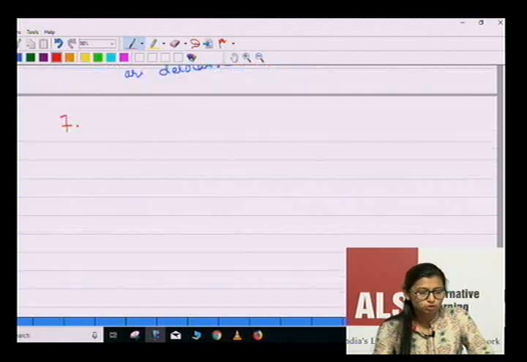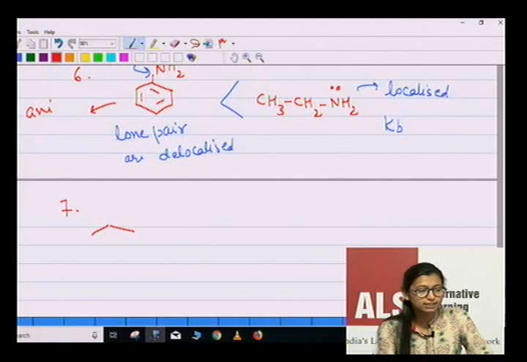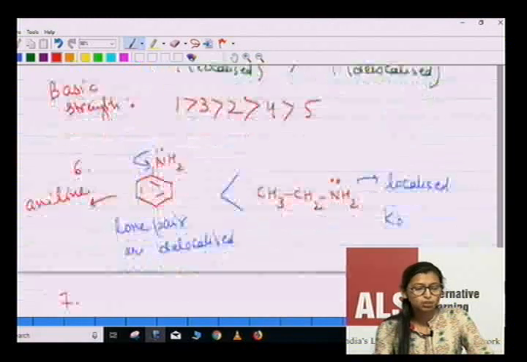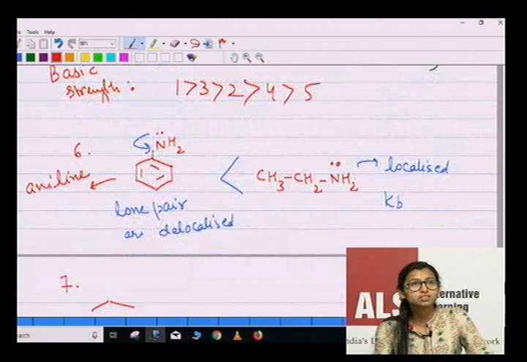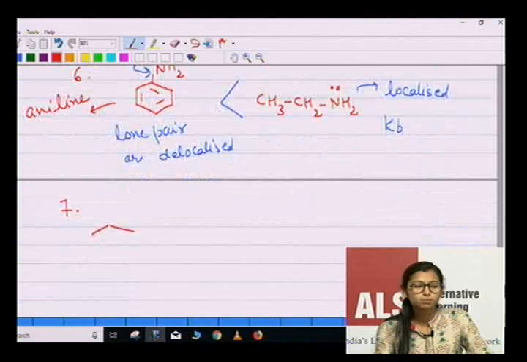Let's write one more order. And what is the name of this compound? This was aniline, okay? Aniline. The common names are very, very important. I hope you already know that. So if you compare aniline with any aliphatic amine, the aliphatic amine will be more basic.